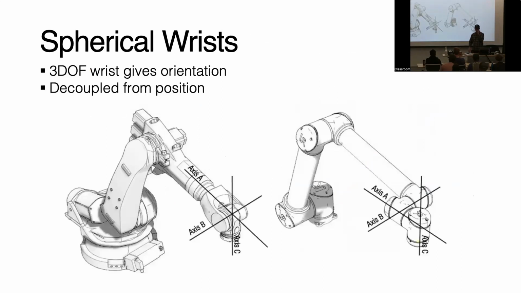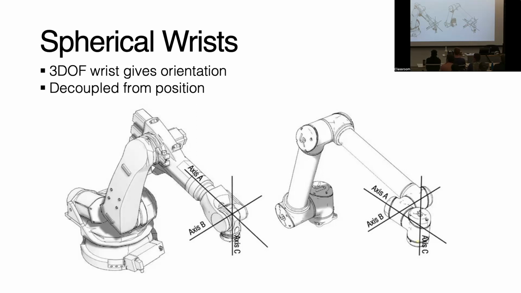All right. And so on all of these arms, or most of these arms, you can stick what's called a spherical wrist on the end. This allows you to basically decouple kinematically the positioning, which is handled by the first 3 degrees of freedom, from the orientation. So if you have an articulated arm such as this, you can position the wrist at a certain XYZ location using these 3 degrees of freedom.